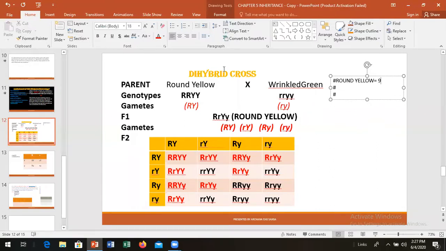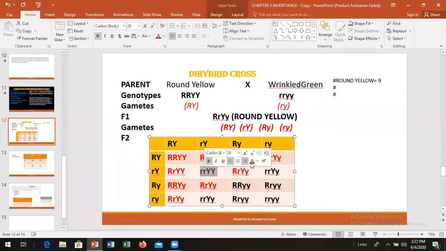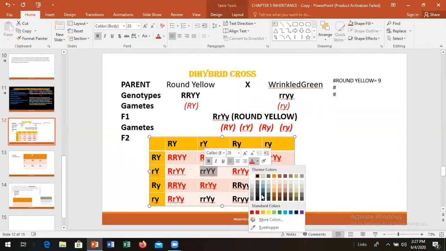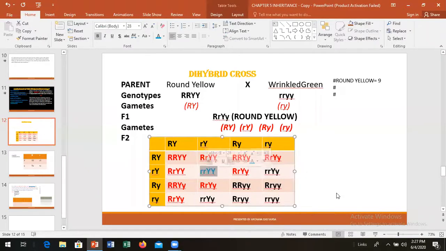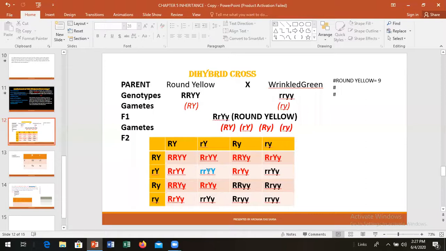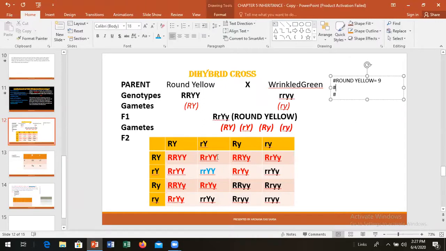Now let us see the other genotype. What will be the genotype for this one, this blue that I have marked? Sorry, the genotype is given. What will be the phenotype for it? When it is smaller, wrinkled yellow.